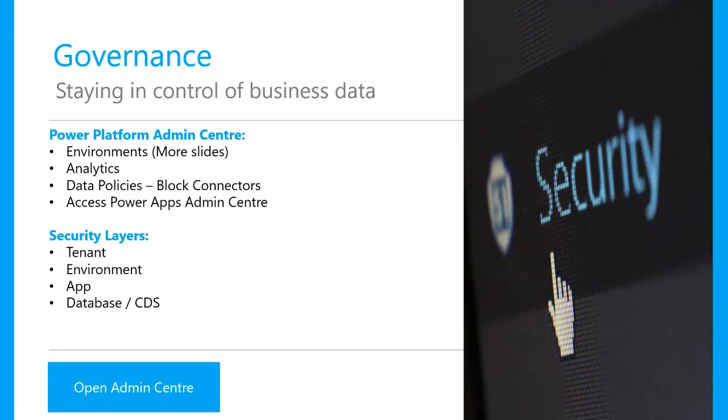We've then got the environment level. Again, we're going to come on to talk a bit more about the environment, but the different roles within that and different levels of access. You need to be thinking about how you might be splitting out your environment to make sure that the right people have access to this.